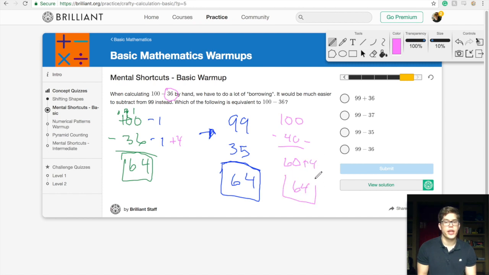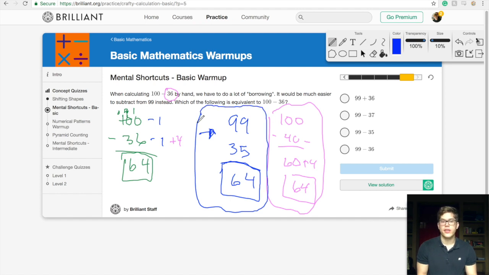This is the way I personally think about it whenever I do mental math. However, again, no answer is wrong. I do like this 99 method. It does come in handy. And so yeah, choose whichever one you like. So this is going to be 99 minus 35.